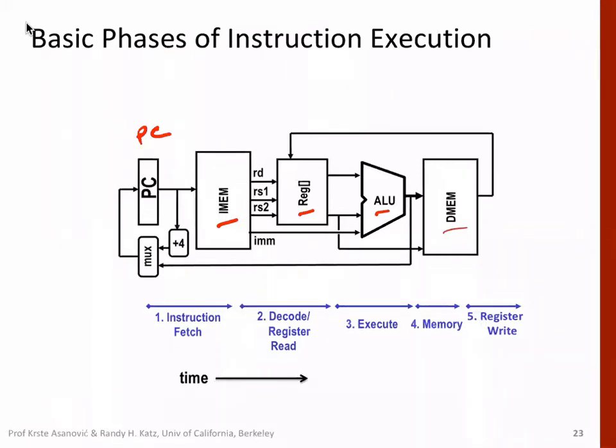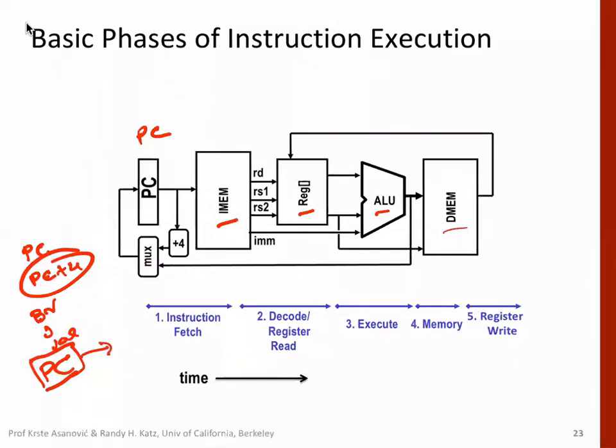Now, why do we need the mux here? Because the value of the program counter need not always be PC plus 4. For instructions like branch or jump, JAL, etc., the PC value is different, and the value of the PC has to be calculated by some additions or subtractions done by the ALU.